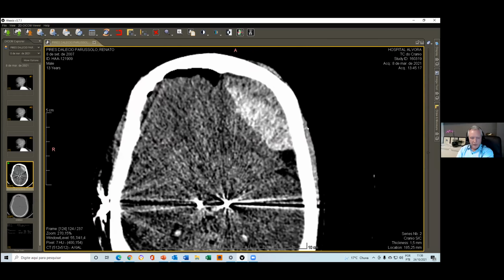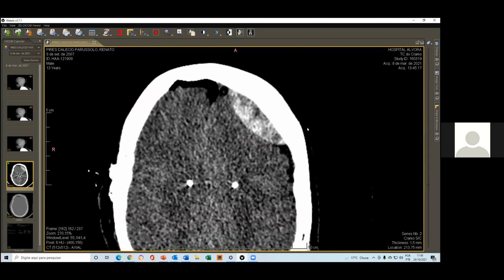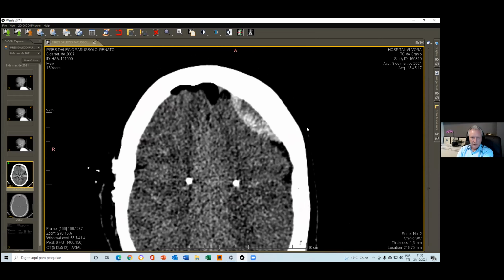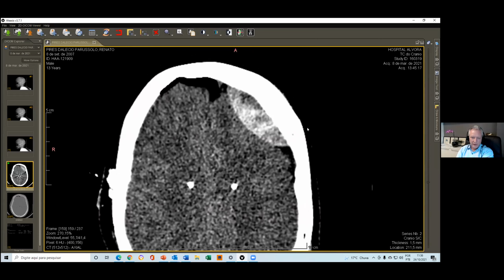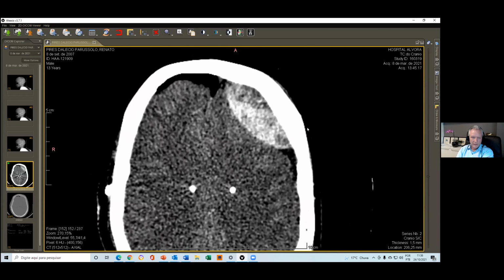And this is what he got. That comes from above. You see the electrodes are there, the depth electrodes, the DBS electrodes.